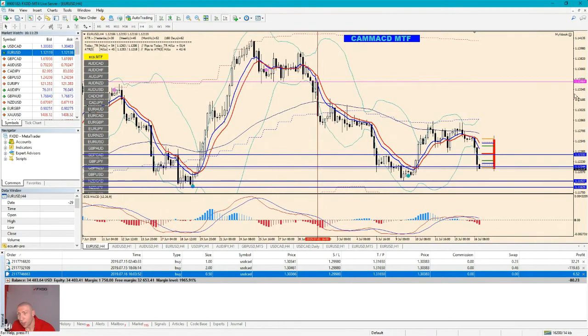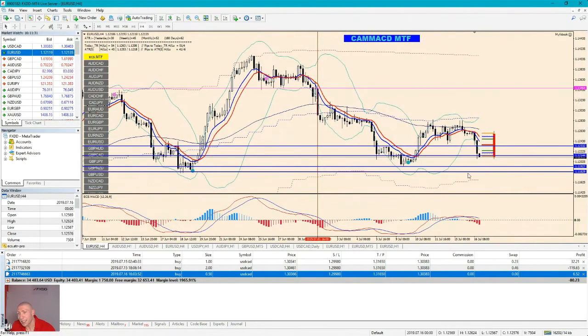On euro dollar, I want also to see some kind of a reversal signal here. So there is no setup until the setup is confirmed. I want to see if the price will make some bullish potential. Then, of course, it should be validated also by the cross of these EMAs, and then we can find a long entry. Probably yes, but we need to see the signal.